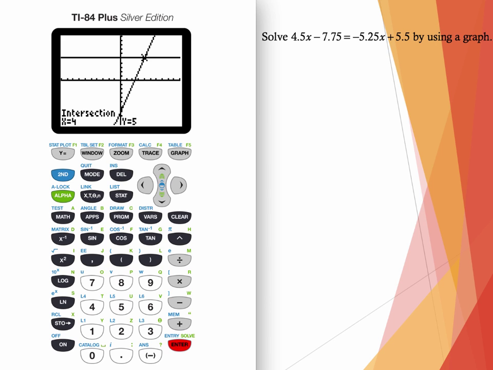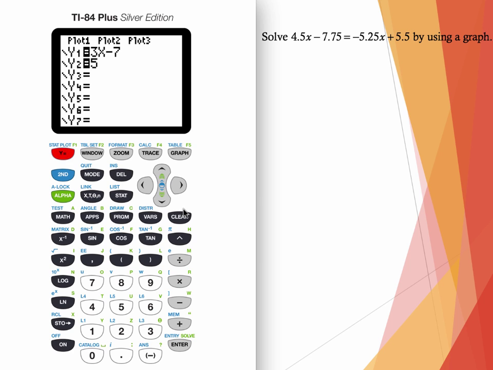We would like to solve 4.5x minus 7.75 equals negative 5.25x plus 5.5 by using the graph. Again, I go to y equals, and I'm going to delete everything from the previous problem.